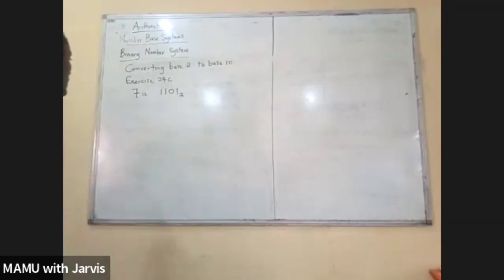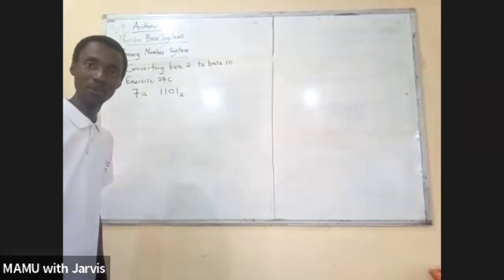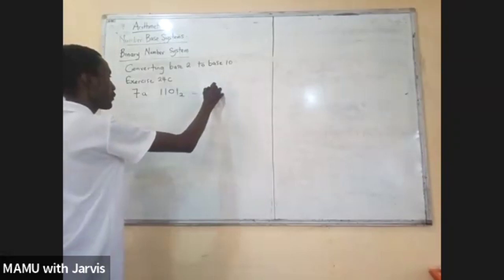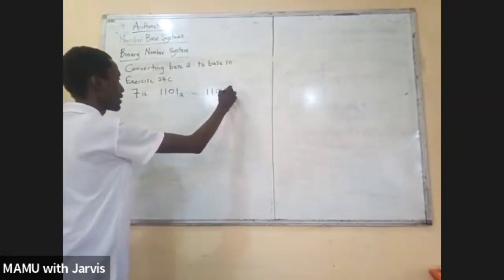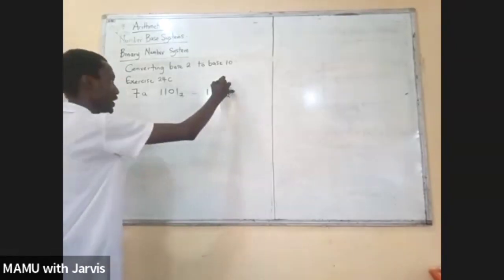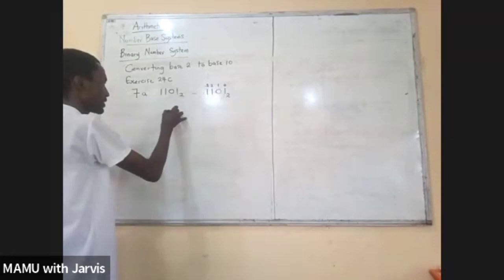Very simple. Remember, we've taught you how to write numbers in their expanded form. So the next thing we'll do is say 1101 base 2. Then we start from the lowest digit. We put a 0 there, we put 1, we put 2, we put 3. Then we write it out in its expanded form.